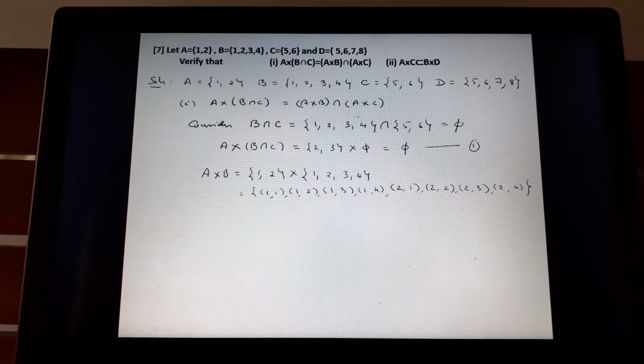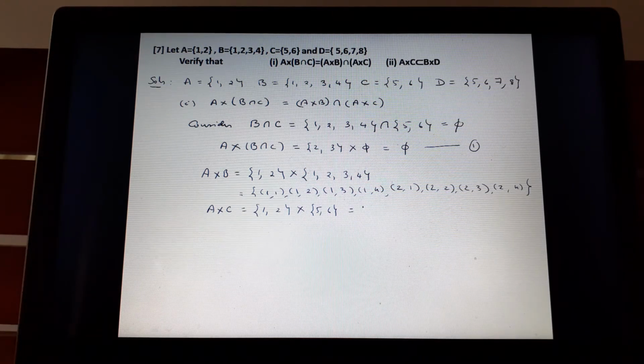Now same way you have to calculate A cross C. A is {1, 2} and C is {5, 6}.